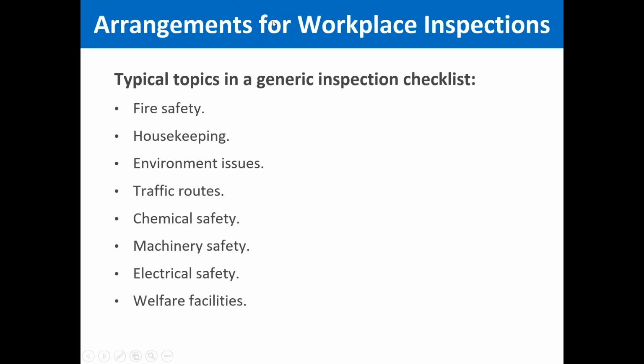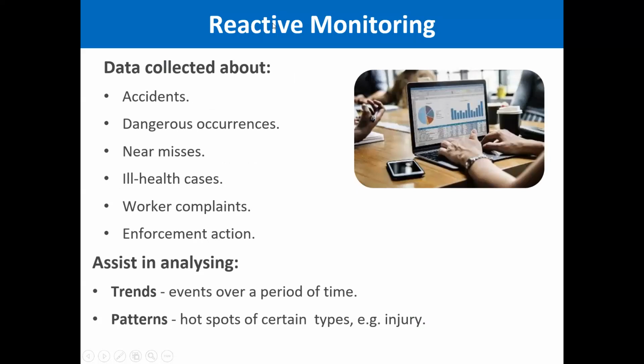Now, reactive monitoring is carried out on the data that you have collected. You collect data about accidents. You can get data on how many accidents are happening in your workplace. You can also collect data on where the accidents are happening, in which area, so you can focus on that area.